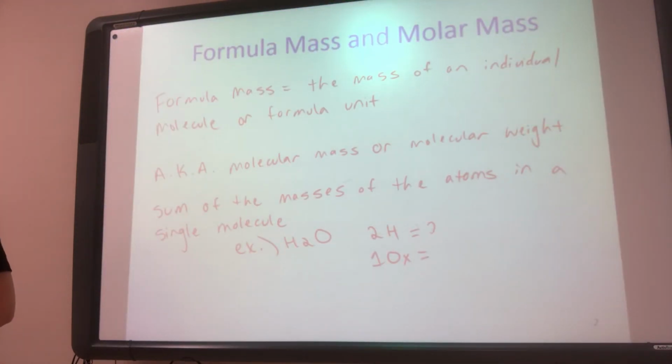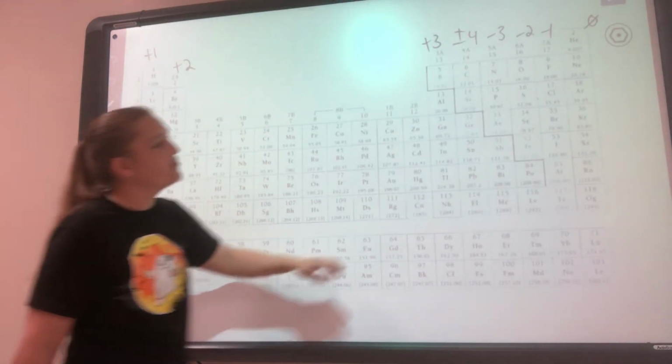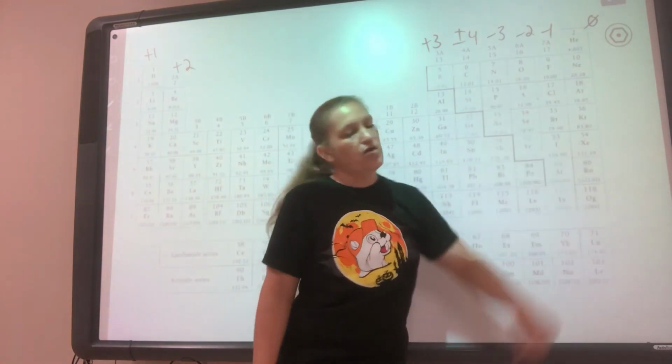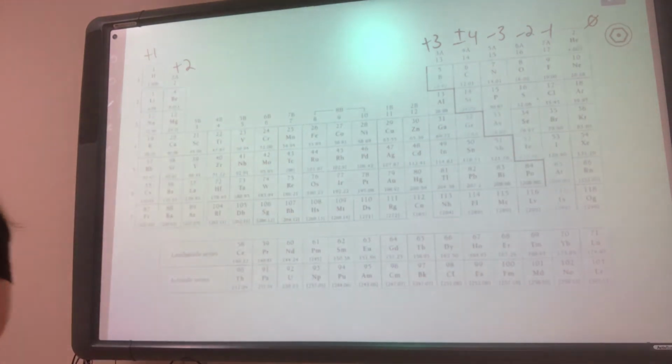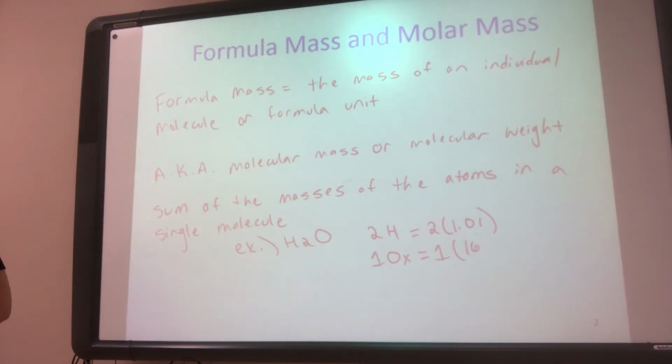So it's going to be 2 times the mass of hydrogen off the periodic table, which I'm just going to go ahead and round to 1.01. And then oxygen's mass off the periodic table is 16. So when I add those together, you're going to get 18.02.